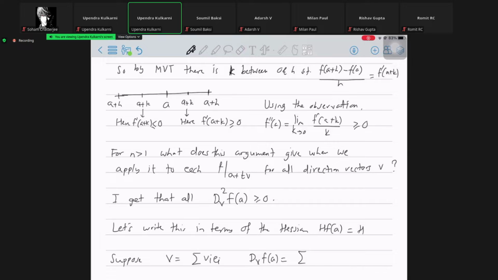So let us say ci, where v is the summation of ci ei. Then this is precisely going to be the summation of ci times di of f at a. But this is going to be true at every point wherever the total derivative exists, so it is true in a neighborhood. So I am simply going to drop the a.